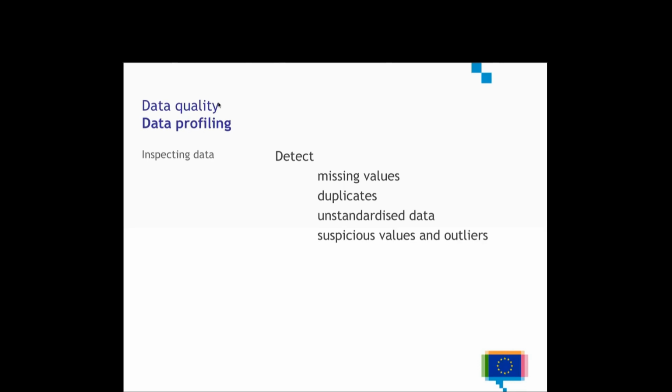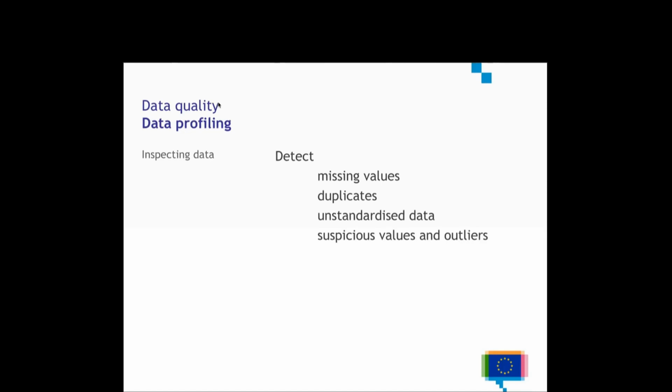If you take, for example, a data set where people have to indicate their country of residence, and you have people from Great Britain, people can make spelling mistakes. They can just put GB, for example. They can use abbreviations with dots, without dots, with capitals, without capitals. So you need to check for these kind of unstandardized fields in your data and try to come up with strategies to standardize the data that you're working with.